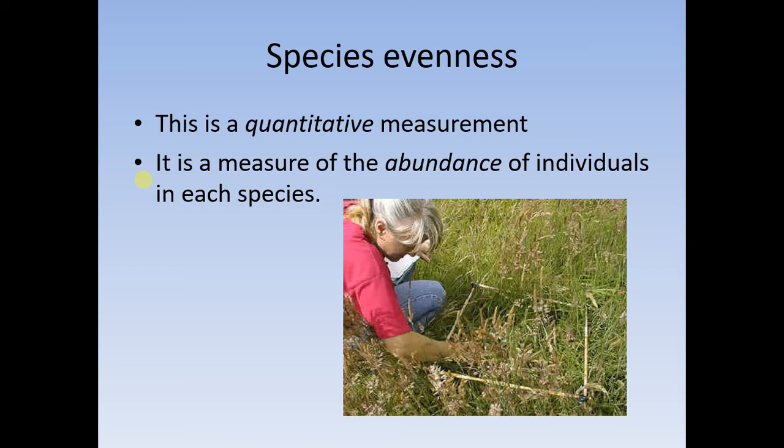That is a very even community. It has a high species evenness. Each of those 5 species is about equally represented. Now, if I had, I don't know, 20 of species 1 and then 5 each of species 2, 3, 4, and 5, that would be far less even and have a far lower species evenness score.